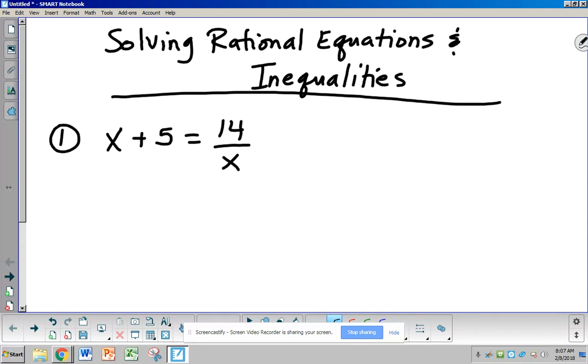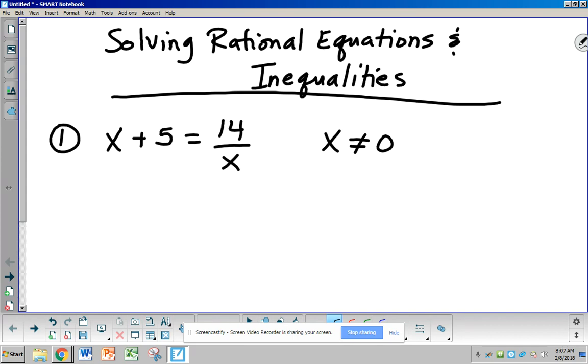Before we even start, can x not equal something? We already know before we start that x can't be 0. So if we get 0 at the end, then we know that's extraneous. With rational equations, we have to check for extraneous solutions if we have an x in the denominator.